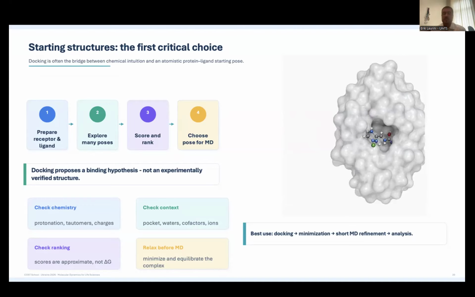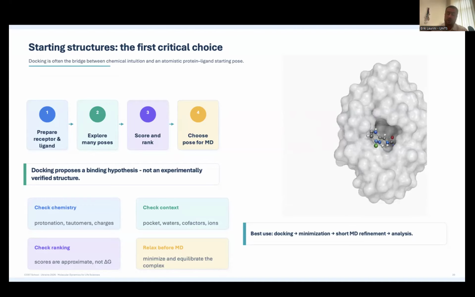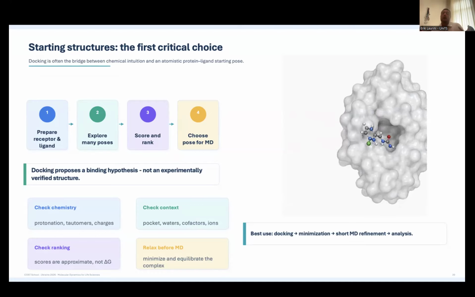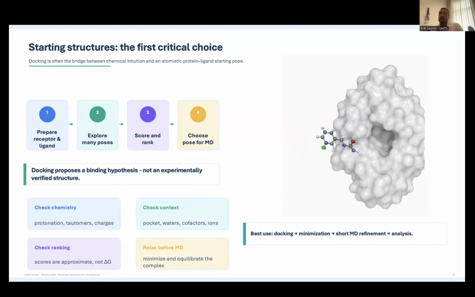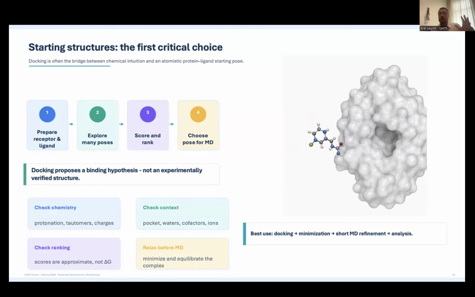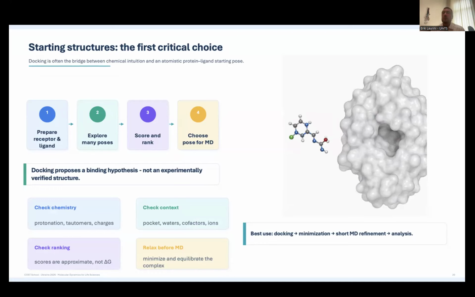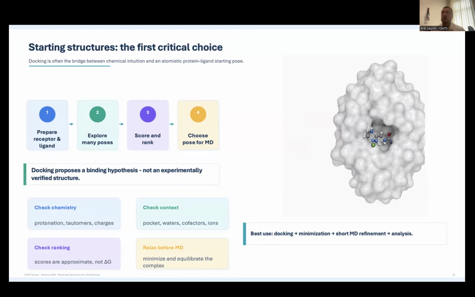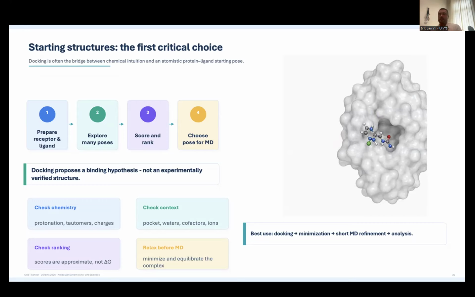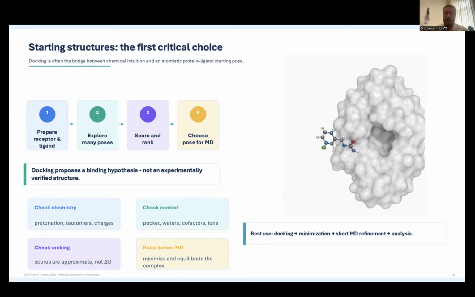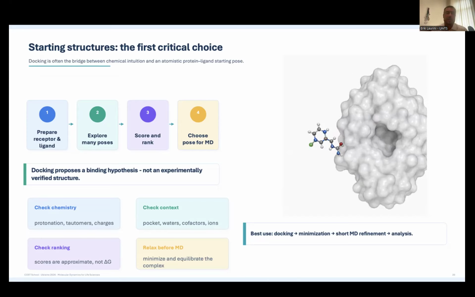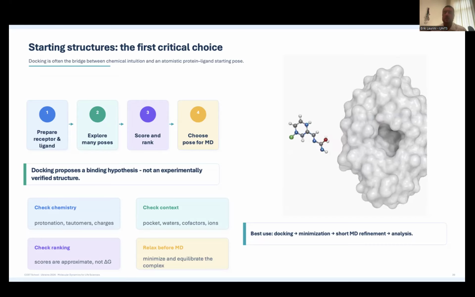We have to create from scratch the coordinates of the drug, and then we have to apply very specific techniques named docking in order to create a robust initial structure in which the drug is not inserted randomly inside a protein, but is inserted specifically in the most probable binding site based on the energy behavior.